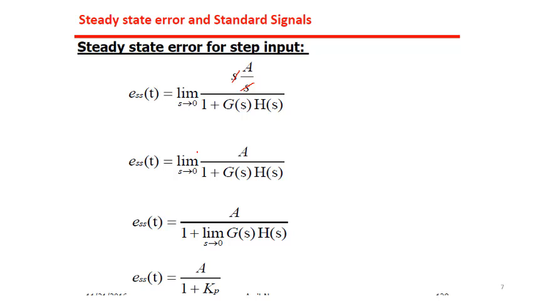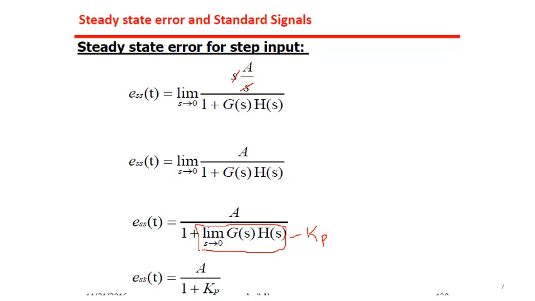Taking the limit into these variables, here we get ESS equal to A divided by 1 plus limit s tends to 0 G(s) into H(s). Here limit s tends to 0 G(s) into H(s) is defined as a constant, that is a positional constant. So this is replaced by a positional constant as Kp.